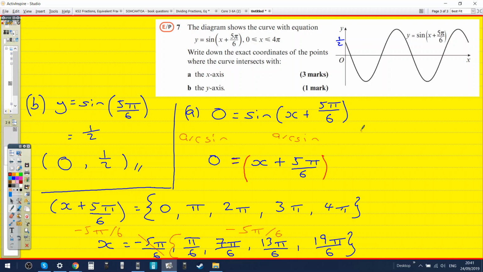There could be a little more to other questions, but let's just deal with the question in front of us. Okay, any questions? And so just to clarify, if we had gotten our first answer as minus 5 pi over 6, and then we did pi minus that, we would get pi plus 5 over 6 pi.